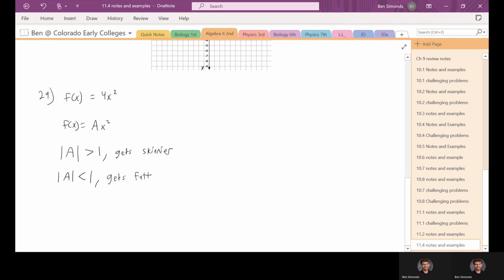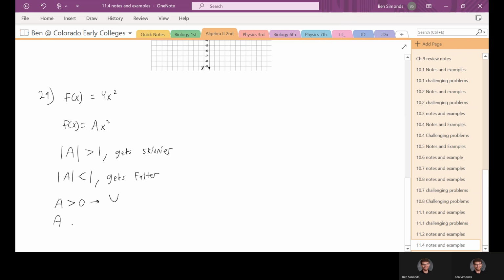And if a is positive, so positive starts at 0, if a is greater than 0, then it's an upwards facing parabola.